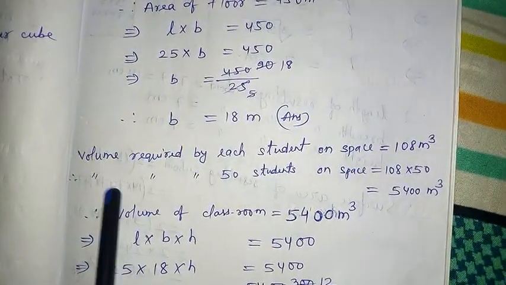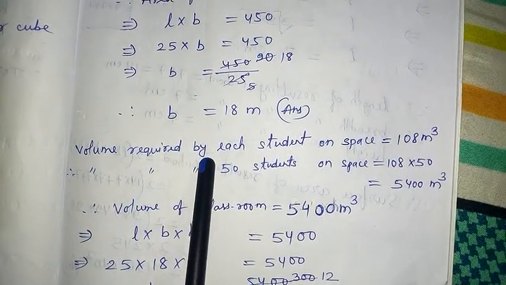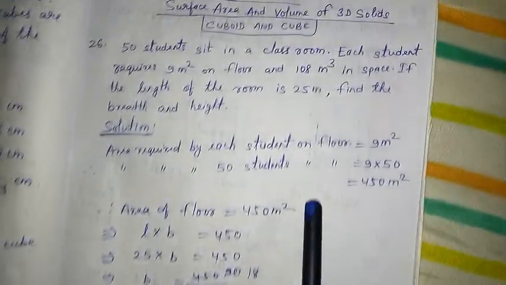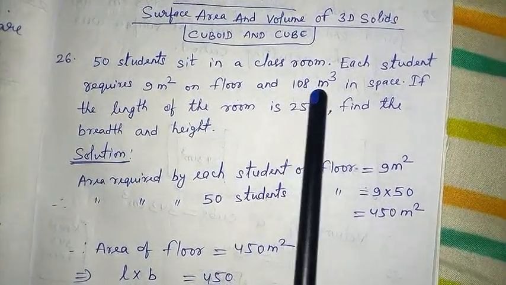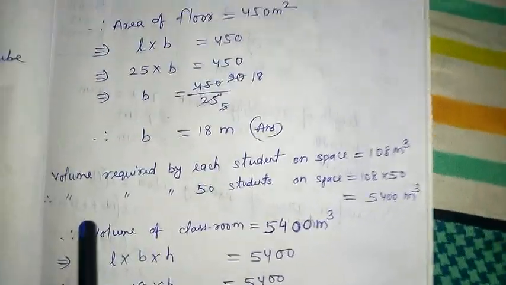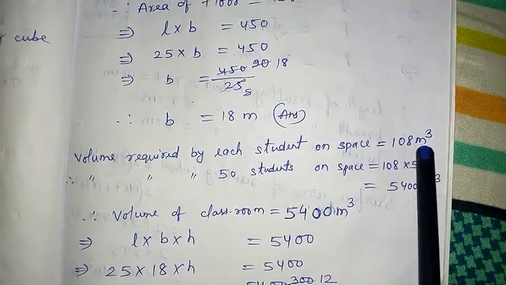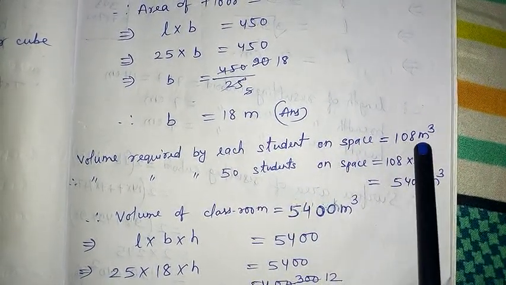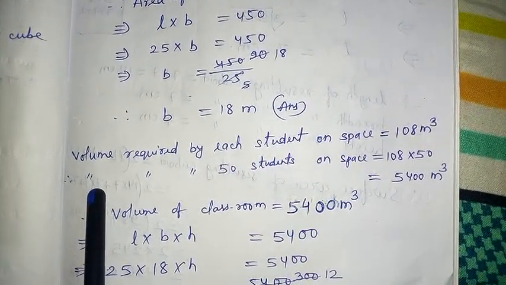Now the height will come with the help of volume. Here you can see the volume required by each student in space is 108 meter cube. So for one student, space required is 108 meter cube.